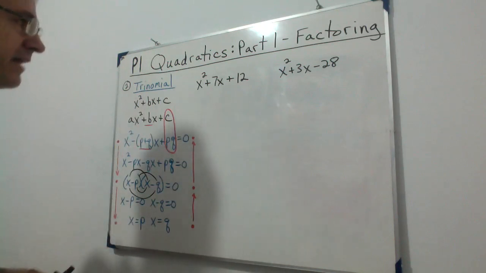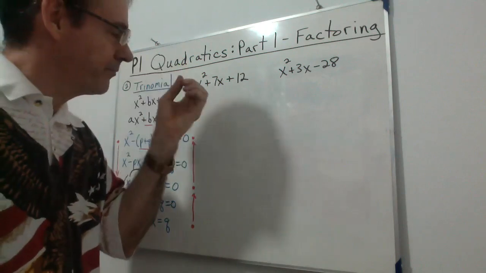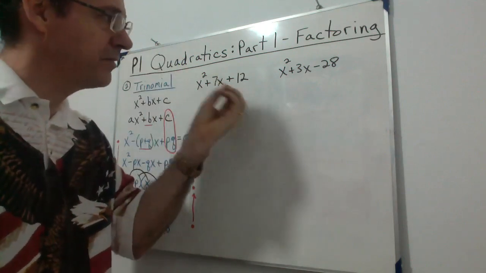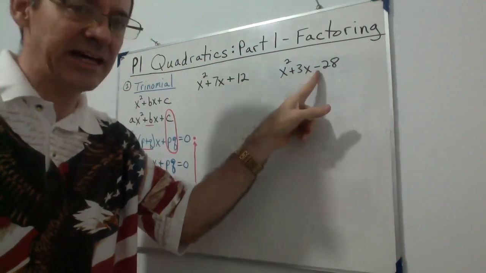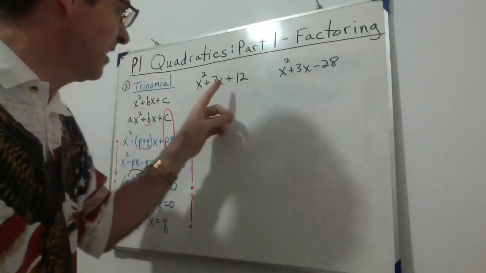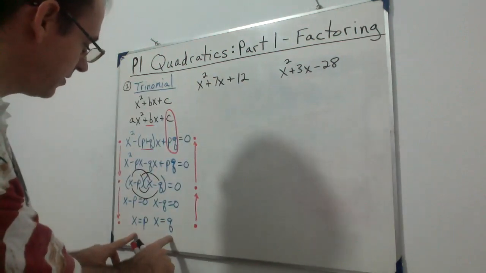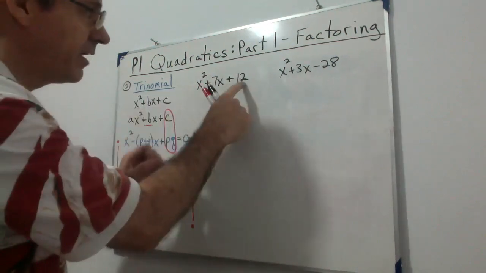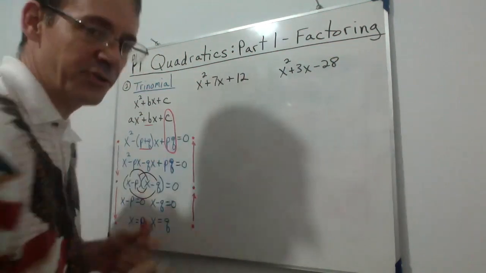Now, having said that, the important thing that you want to look at on this level is that second sign, okay? And also the fact that these solutions come from this number here. So our solutions are going to come from the 12.